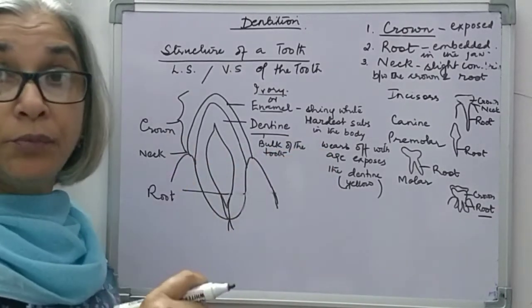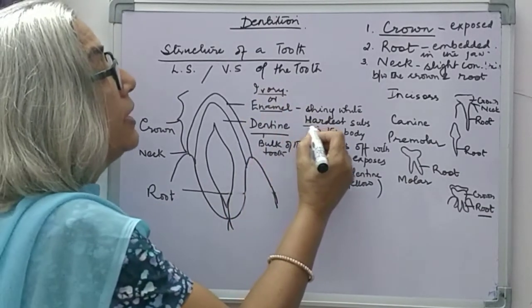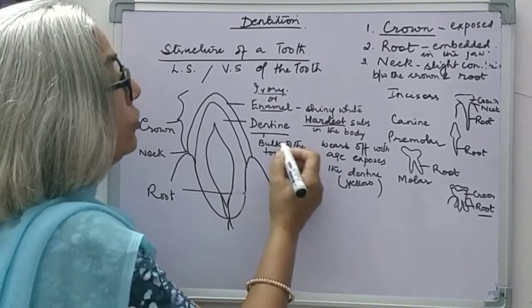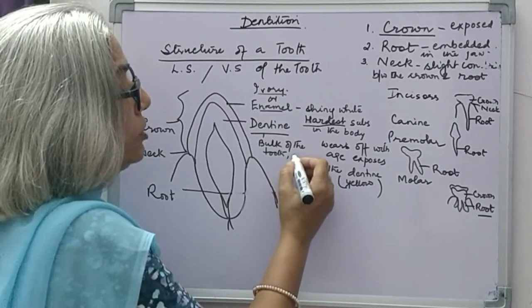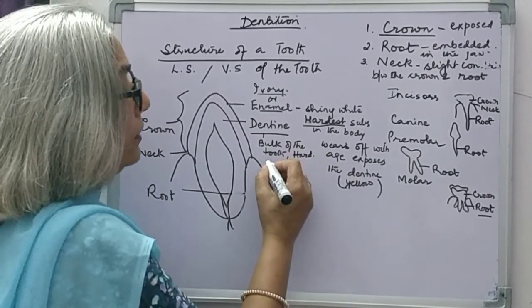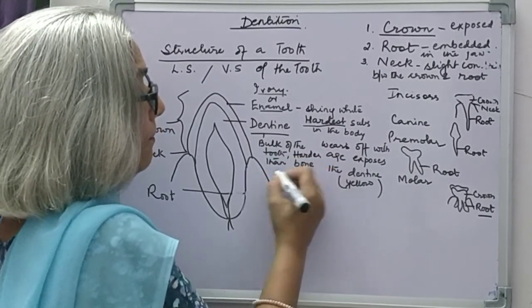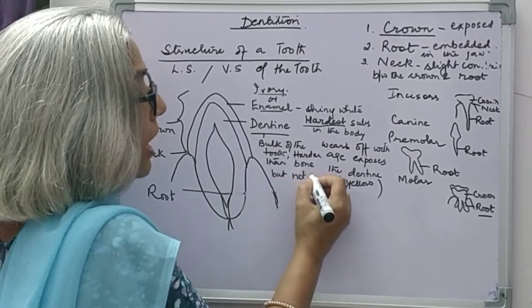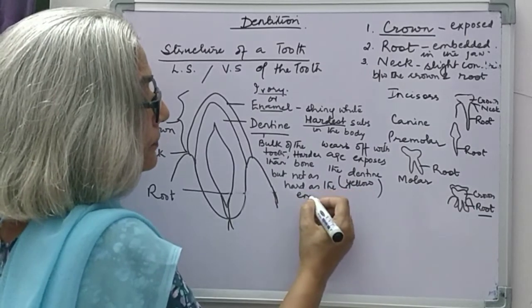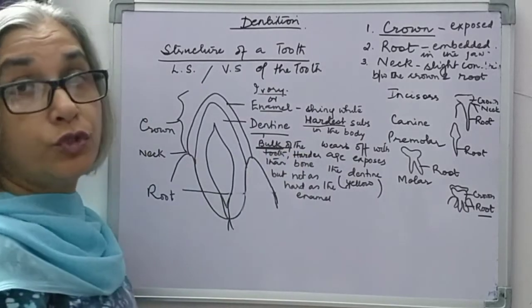It is harder than bone, but it is not as hard as enamel, because enamel is the hardest substance in the body. So dentine forms the tooth.